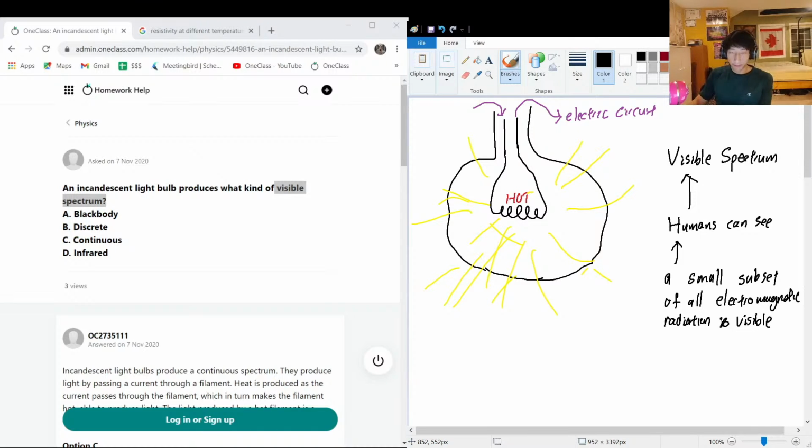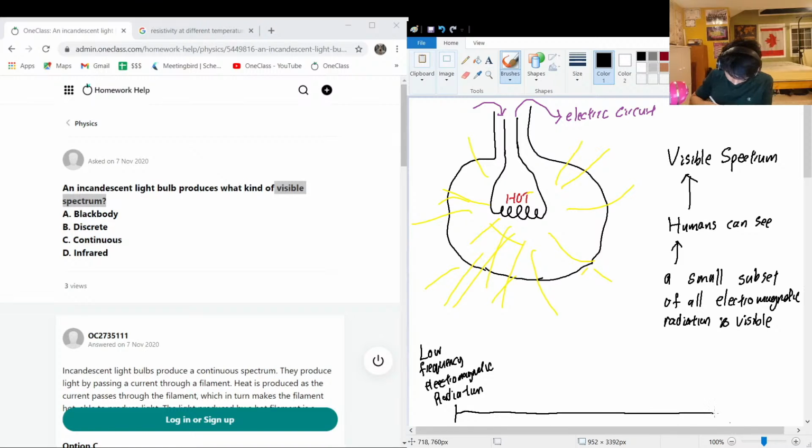Okay, so if this is low wavelength or low frequency electromagnetic radiation, it's on maybe this side of the spectrum, and here we have high frequency.